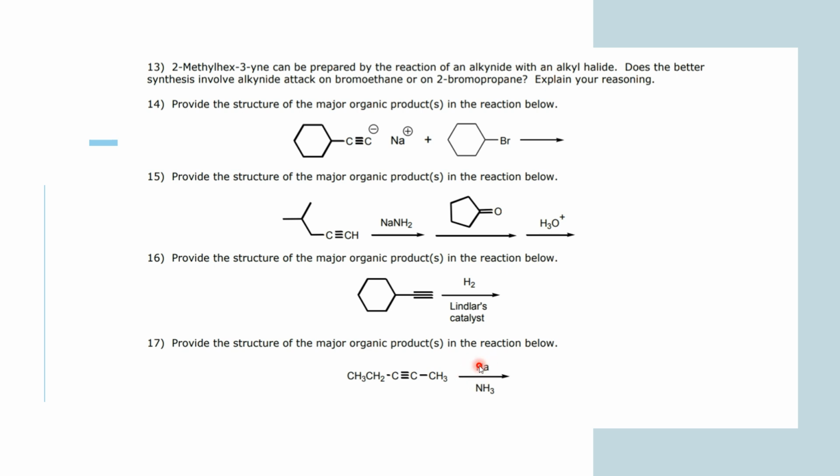The sodium metal will first transfer one of its electrons to one carbon here, leading to the formation of one carbanion. So it has two possibilities. The sodium metal will donate its electron to either this carbon or this carbon, and you end up getting two types of carbanions, either on this position or on this position.